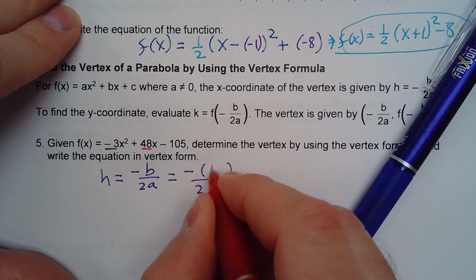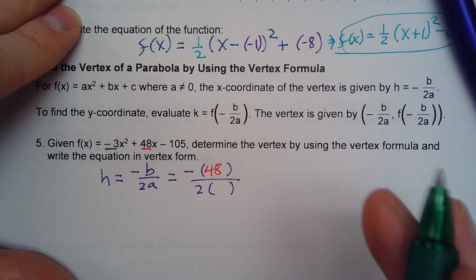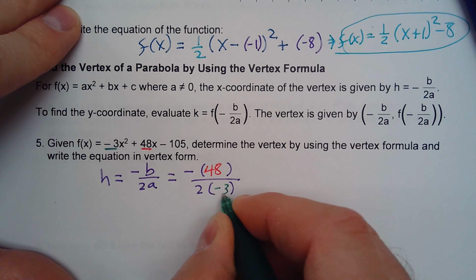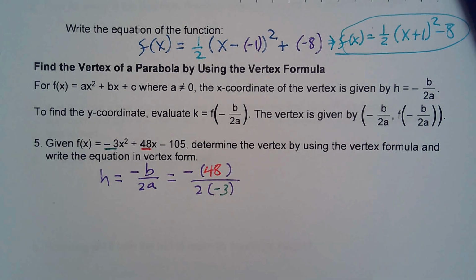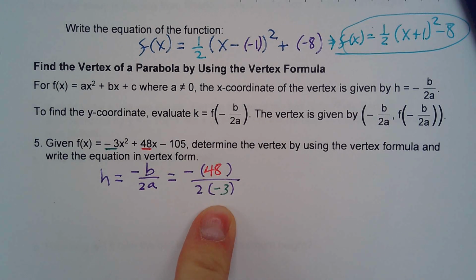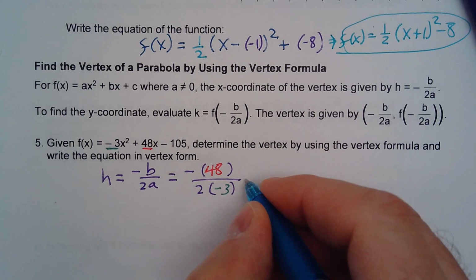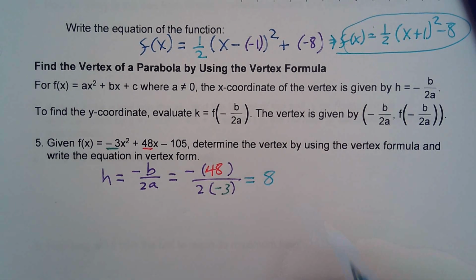We'll plug in 48 on top for b, and plug in negative 3 on the bottom. That will give us negative 48 over negative 6. If we do that division, that's going to give us 8.